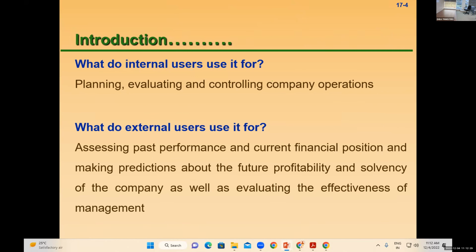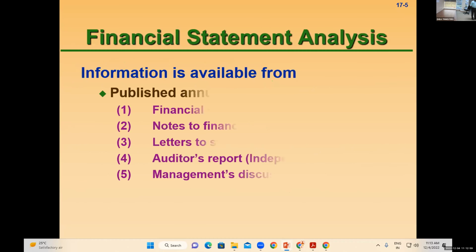Similarly, financial statement analysis helps us to assess the performance of the company in the past as well as the current, and also to make some predictions about the company's financial performance and position. So like this, you have to make some points when asked what is the need for analyzing the financial statement. Now we can come to the tools for financial statement analysis.